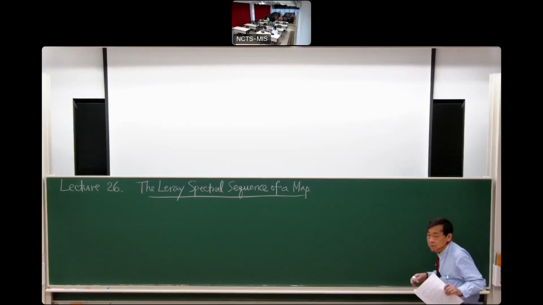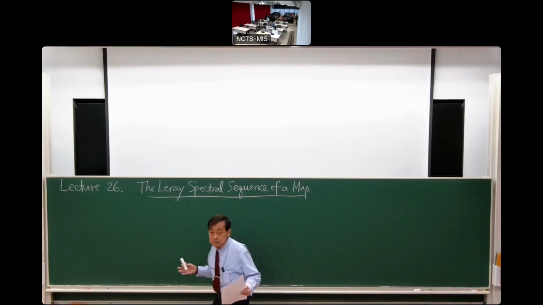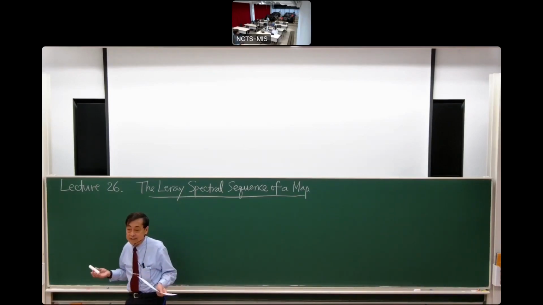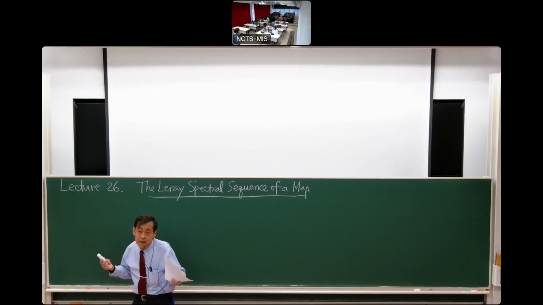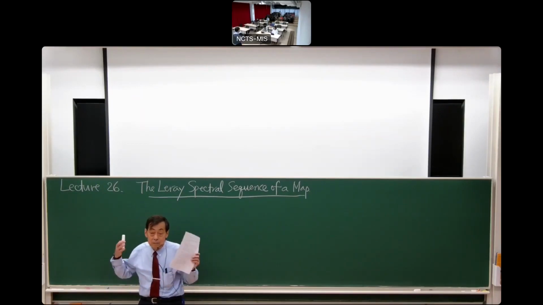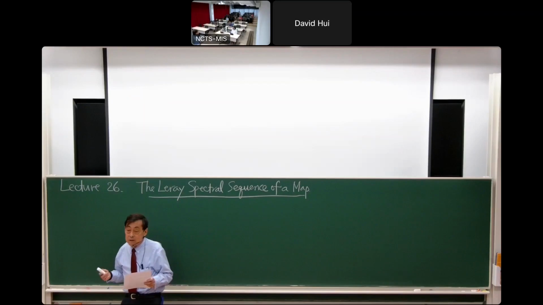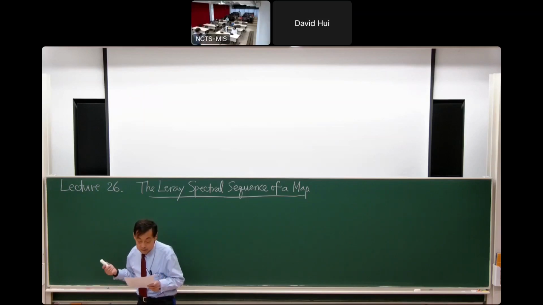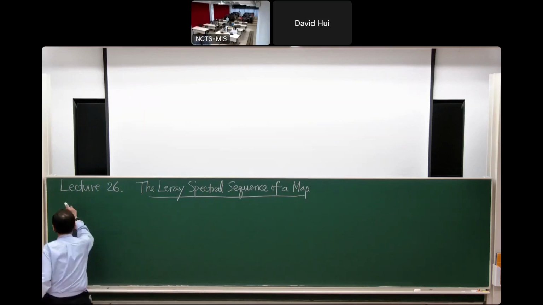Because we often start with a double complex on which there's a product. So for example, the Čech-de Rham complex has a cup product, okay? And the product on the original complex induces a product on every term of the spectral sequence. So that's what I wanted to explain now.